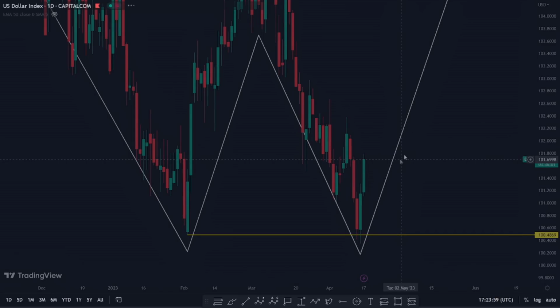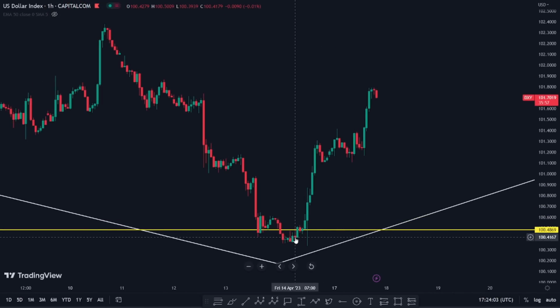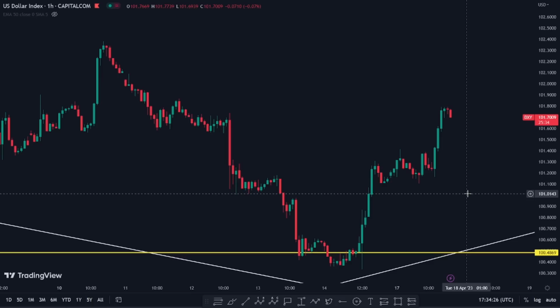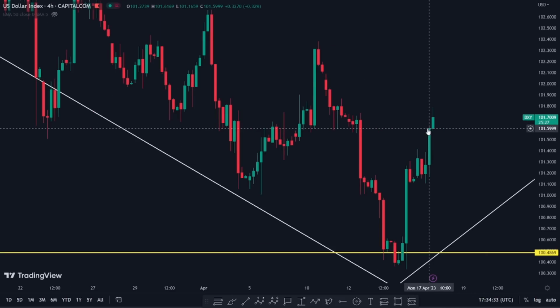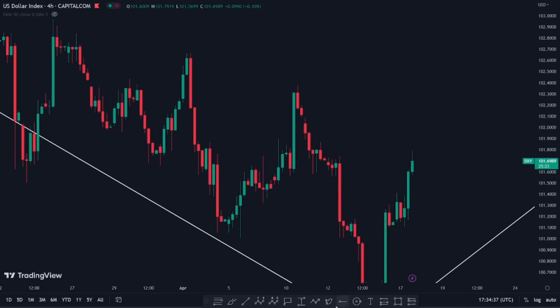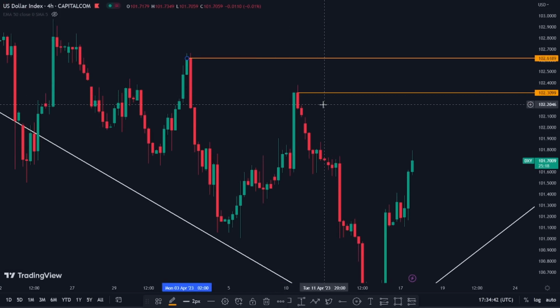If you go into the 1 hour time frame, you can see that since Friday it's bouncing pretty hard, and that's also a reason why Bitcoin is dropping. On the 4 hour time frame, the dollar index is approaching some very important zones, these two zones over here where we saw the previous sell-offs, the two previous highs.